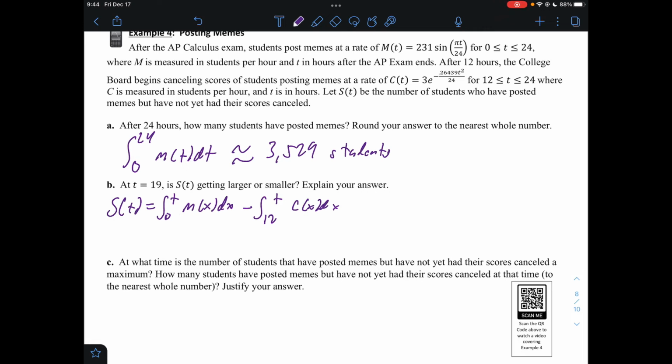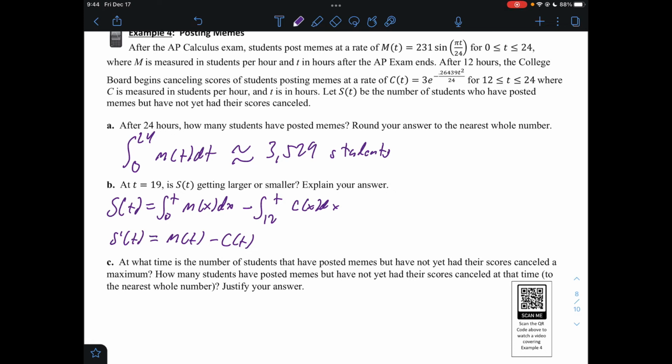In other words, we want to know, is s prime of t positive or negative, right? So s prime of t would equal m of t minus c of t. This is only for 12 to 24 hours, which is fine because that's where 19 is located, 12 to 24, because again, c doesn't really exist until 12, okay?